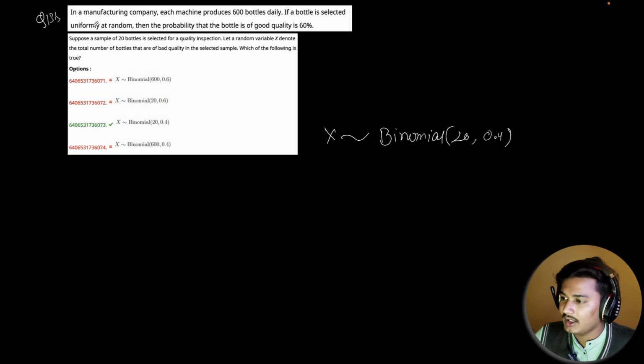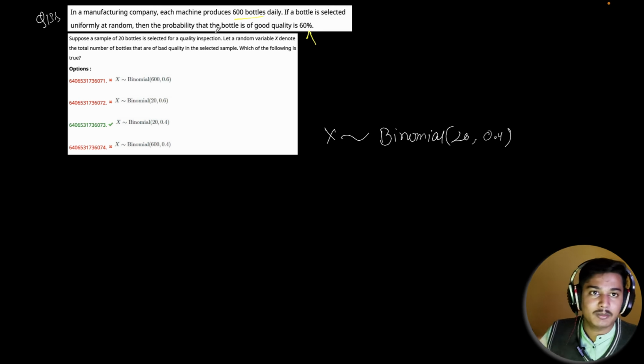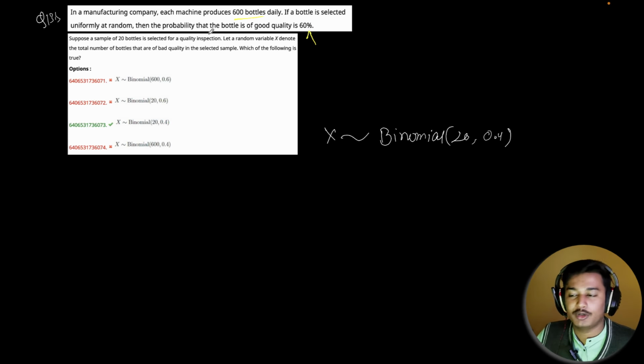Now next question. In a manufacturing company, each machine produces 600 bottles. If a bottle is selected uniformly at random, then the probability that the bottle is of good quality is 60%, that is 0.60.